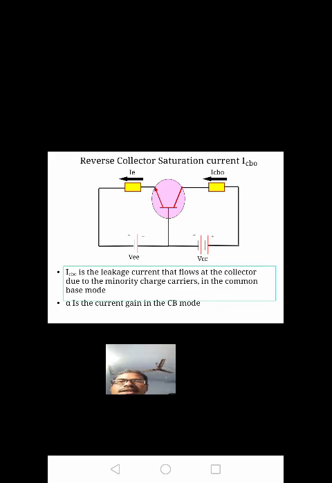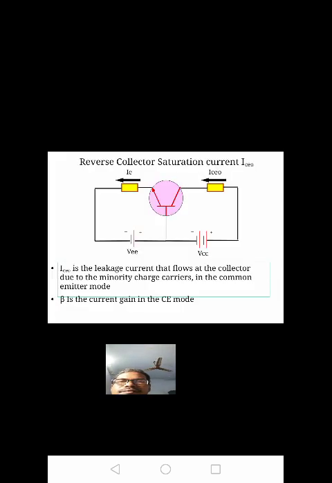ICBO is the leakage current that flows through the collector due to the minority charge carriers in the common base mode. Alpha is the current gain in the common base mode. ICBO is the reverse collector saturation current. Next, reverse collector saturation current ICEO.